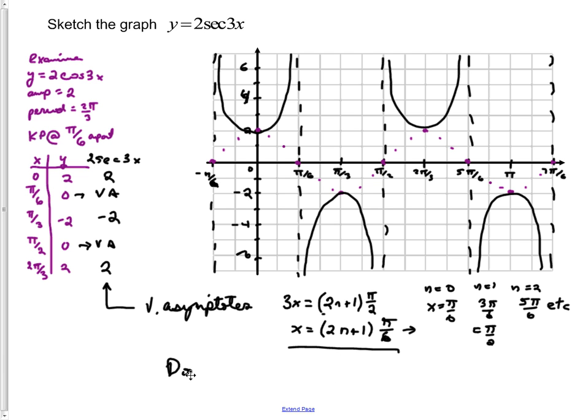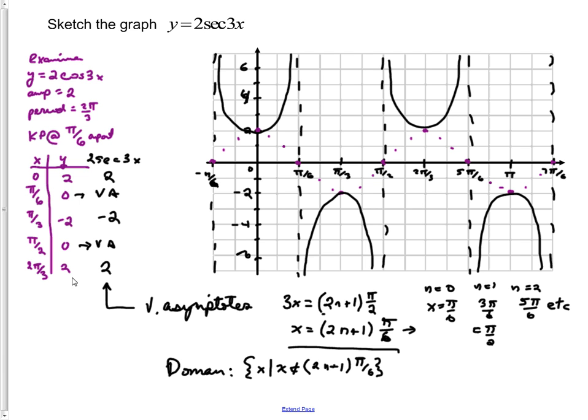And by the way, our domain for the function is going to be the set of all values of x such that x does not equal odd multiples of pi over 6, 2n plus 1 multiples of pi over 6.